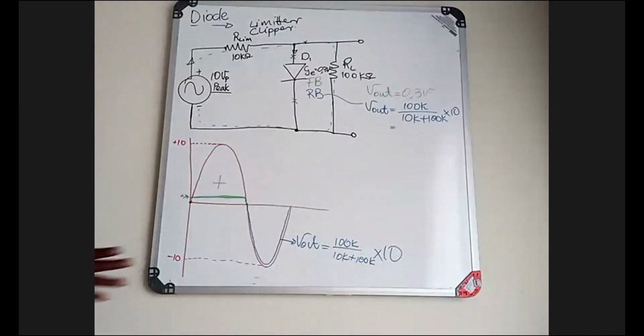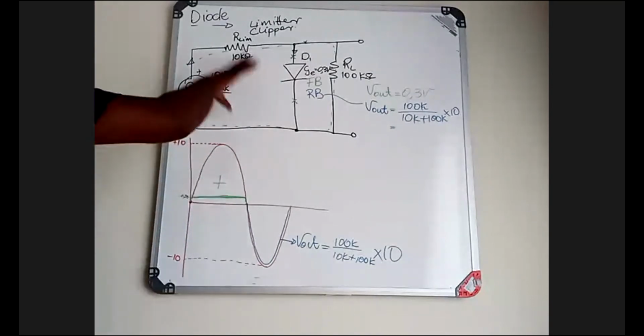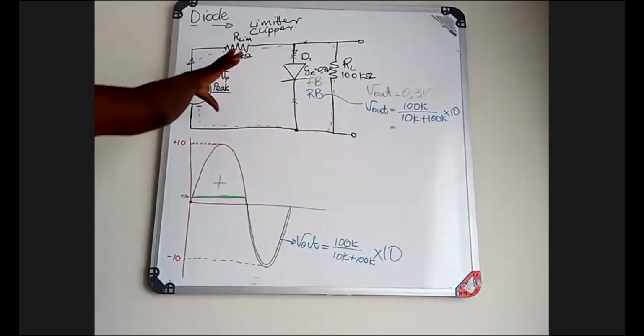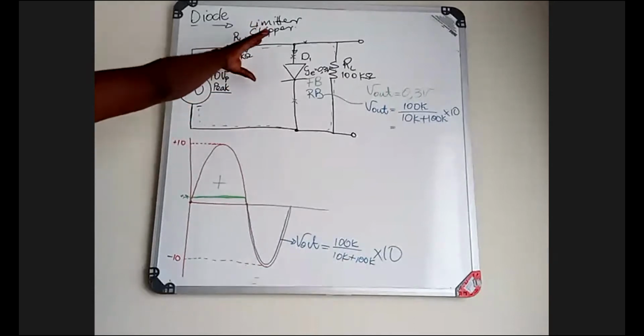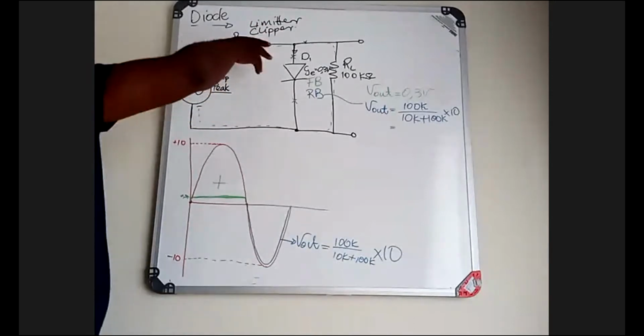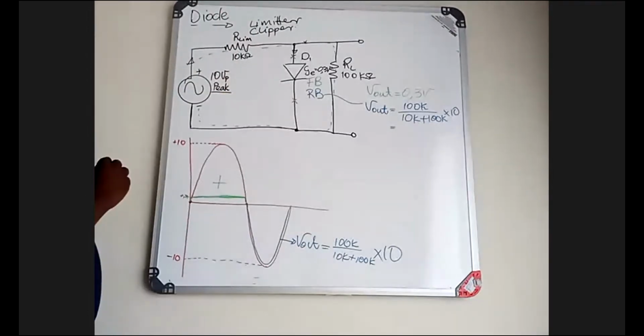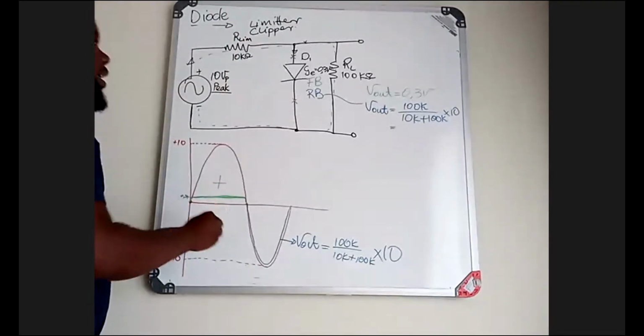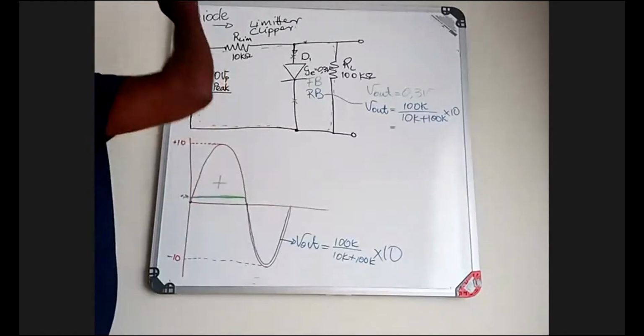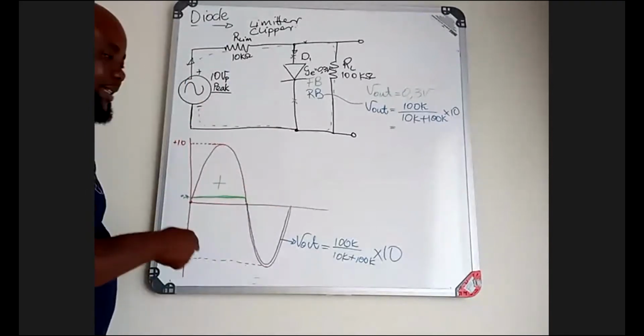Now, the type of circuit that we see, in terms of the application with the limiter or the clipper, we say this circuit is a positive clipper circuit.